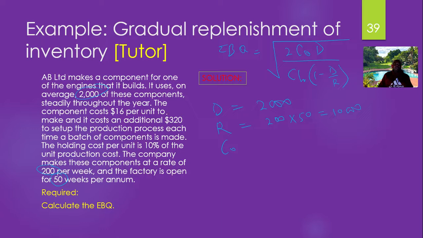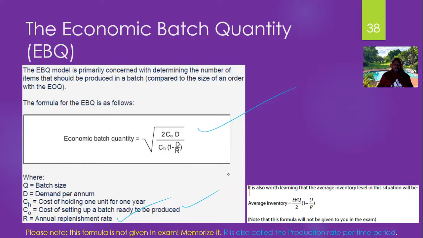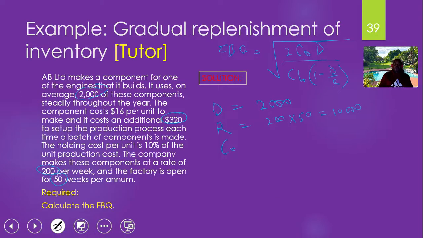The component costs $16 per unit to make, and it costs an additional $320 to set up the production process. So this is the cost we need, because we are told that's the cost of setting up a batch to be produced. So CO is equal to 320.